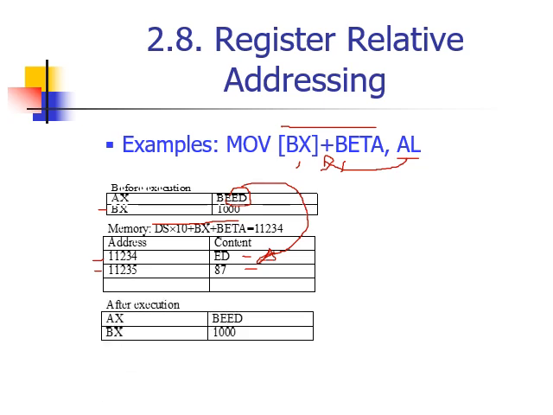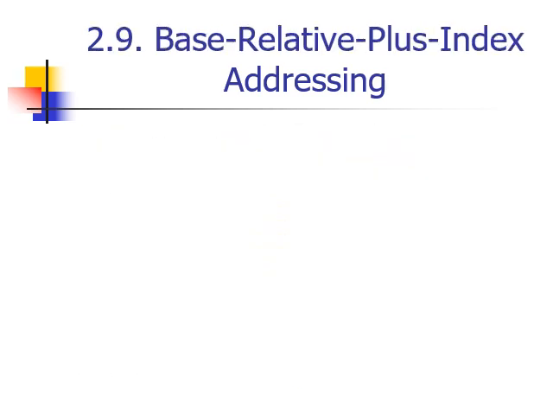So AX will get EDBE, and the memory location will get 87ED. Because AL is rewritten inside your lower address memory location, the higher address is kept as is. So it's sort of rewriting ED over ED.